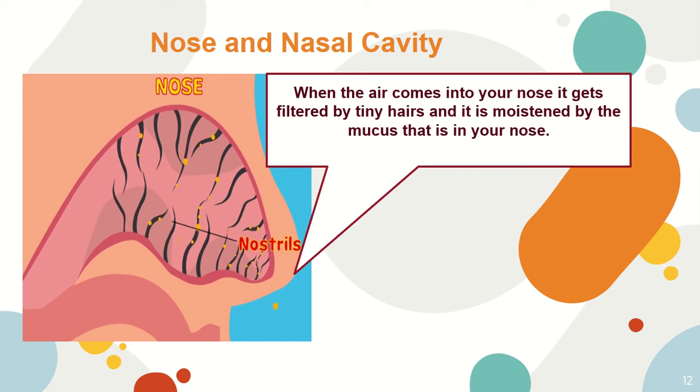Also in our nasal cavity, when the air comes into our nose, it gets filtered by tiny hairs and moistened by the mucus in your nose. And what do you call the tiny hairs? Correct, cilia.